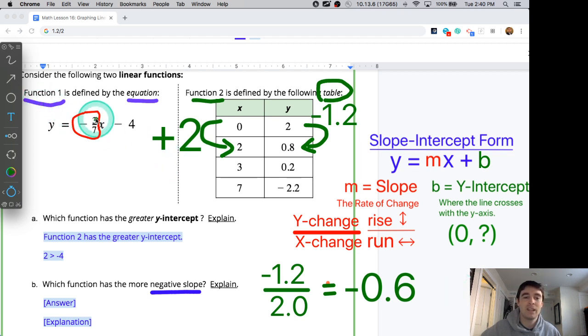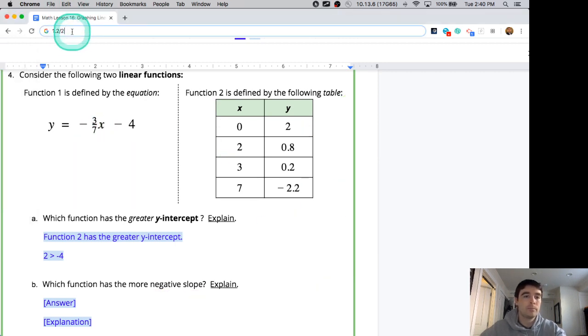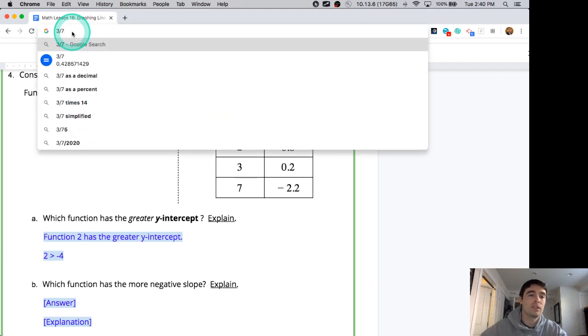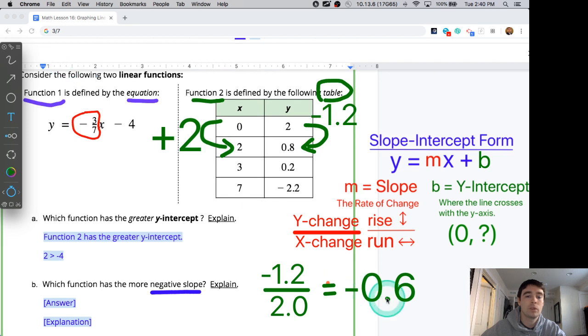So I'm going to take this negative 3 over 7 and switch that to a decimal for you. 3 over 7 as a decimal is 0.428, which we're going to round off to 0.43. So the slope for the red one is going to be about negative 0.43. I rounded it off.